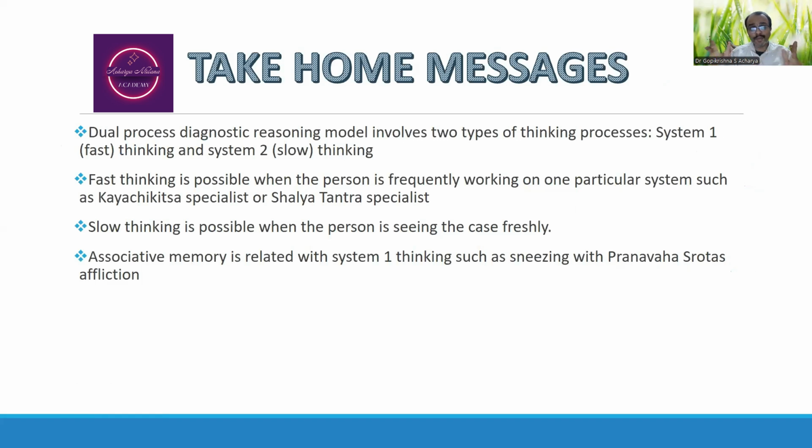As far as the take-home messages from today's discussion are concerned, the dual process diagnostic clinical reasoning model involves two types of thinking processes: system 1 thinking, otherwise fast thinking or emotional thinking, and system 2 thinking, otherwise known as deliberative thinking or logical thinking.